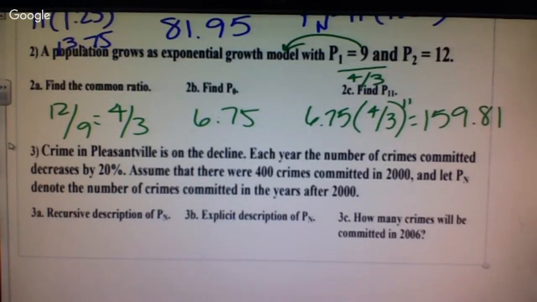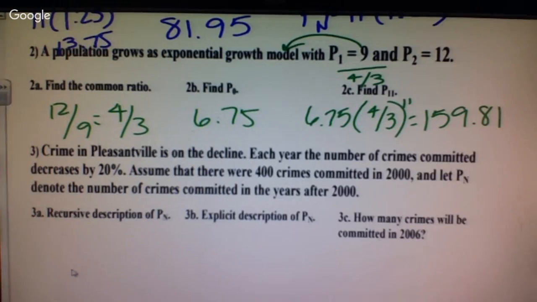All right. Crime in Pleasantville is on the decline. Each year, the number of crimes committed decreases by 20%. Assume that there were 400 crimes committed in 2000, and let P sub n denote the number of crimes committed in the years after 2000. So, recursively, what am I multiplying by?